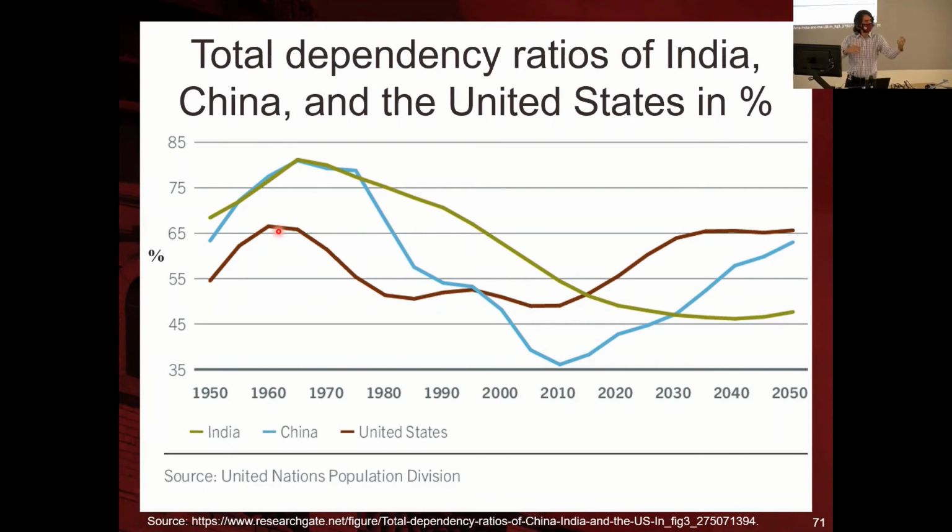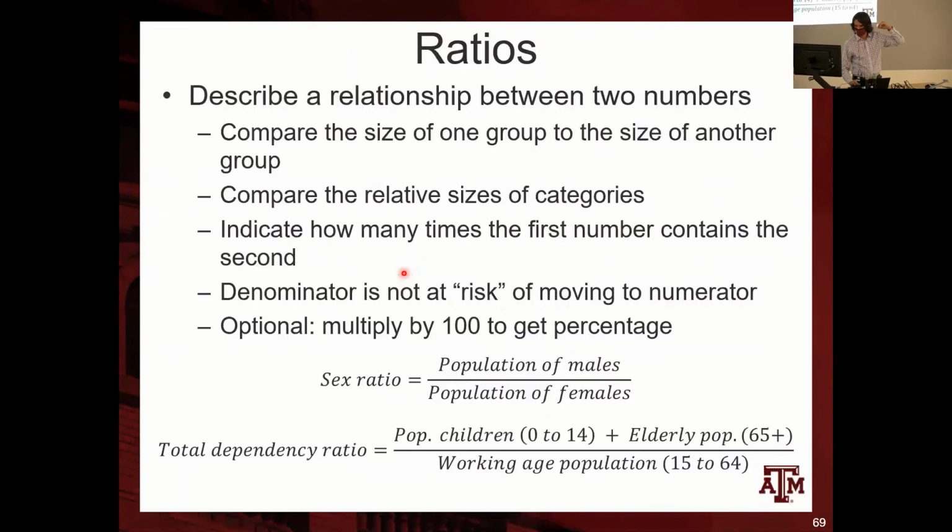More children, in this ratio here, more children increases the numerator, and then you see an increase in total dependency ratio. Fertility goes down, total dependency ratio starts to go down because this portion here of the formula starts to decline. And these people here start going to here as they get older.